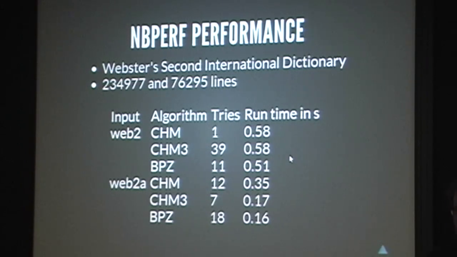And that's on my laptop, so taking much less than 1 second to compute the perfect hash table for all 230,000 words. That it works very well even on the VAX.